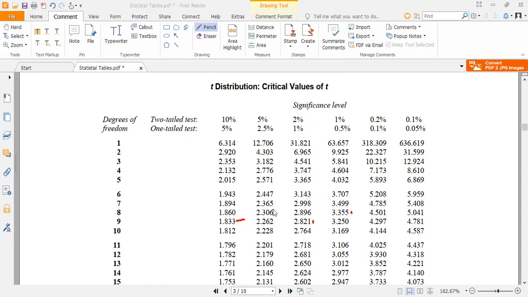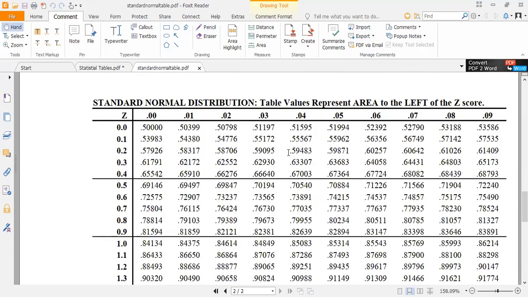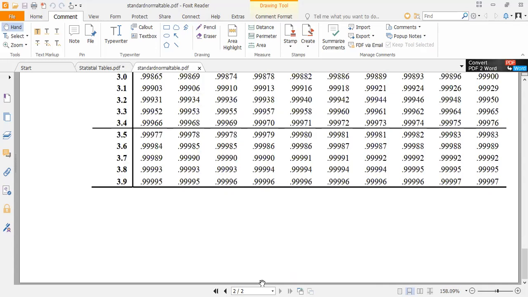Except that sometimes the tables look weird, like the one we used here. So let me take you to a weird table for the t-distribution.